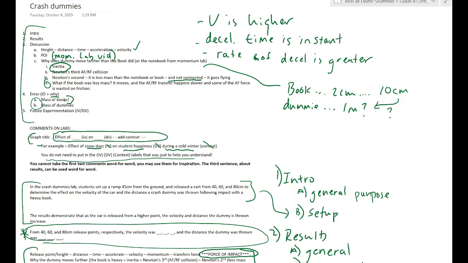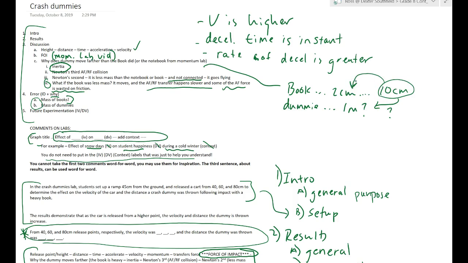So as it's cushioning against the cart, that adds time, which means that if that action force, reaction force is happening slower, that means that some of that action force is wasted on friction. Friction from the book sliding across the ground as it's moving 10 centimeters instead of 2 centimeters.